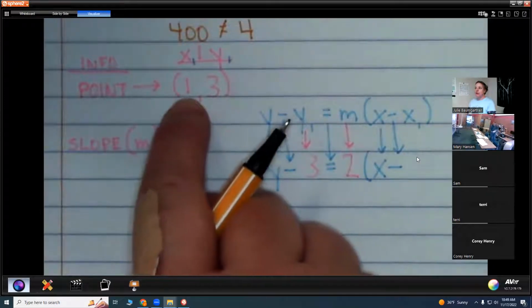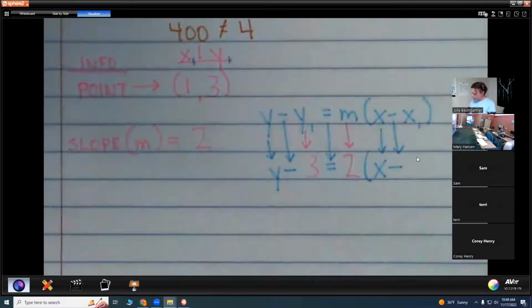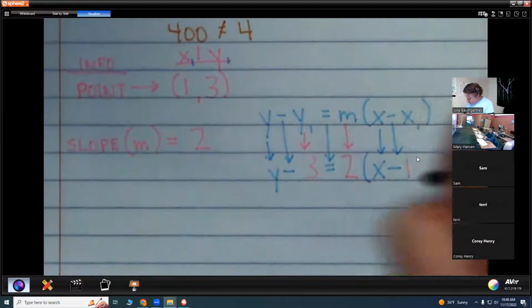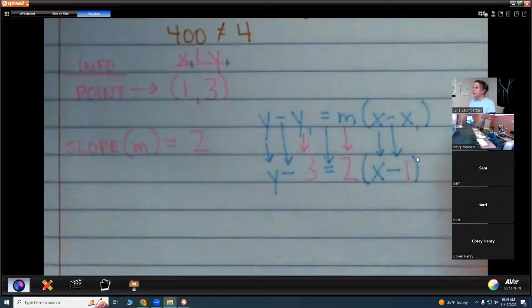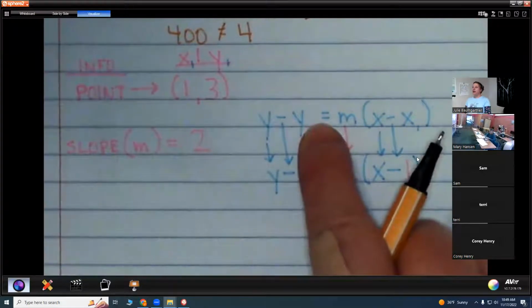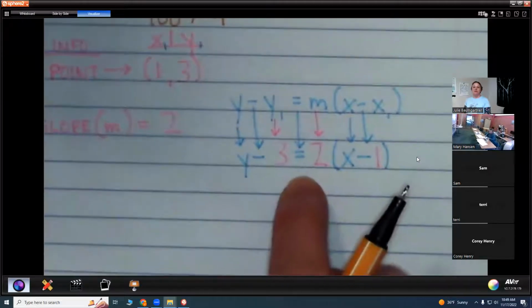The first value is our x1 value, so I'm going to say 1. Now we have an equation. We've taken the formula, and we've plugged in the information that we needed to create this equation for this line.